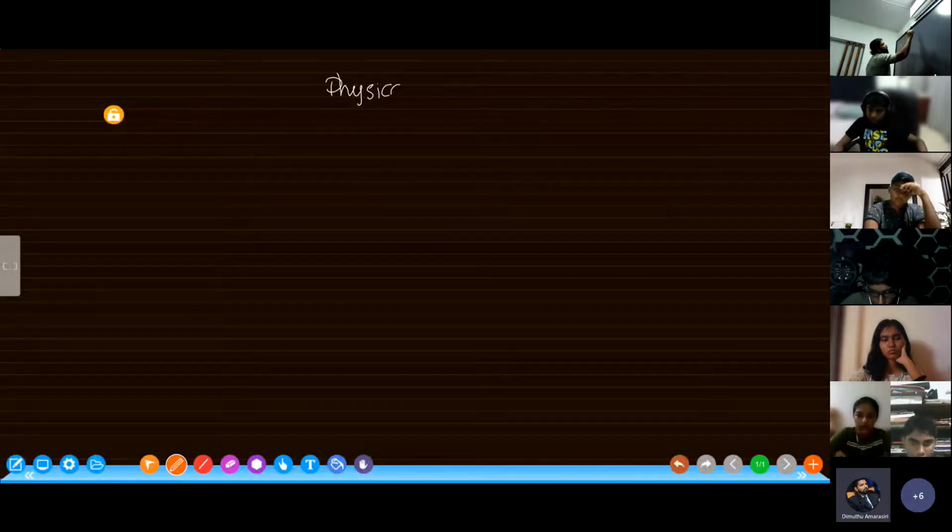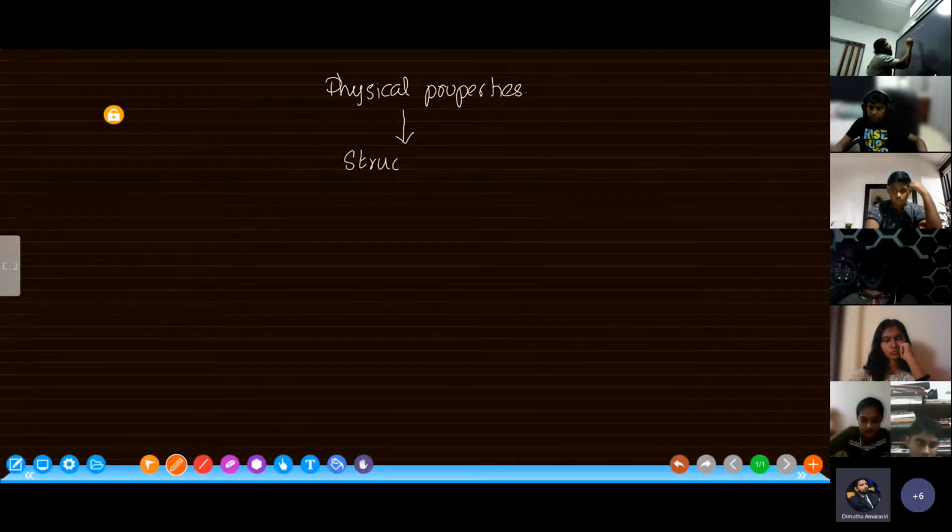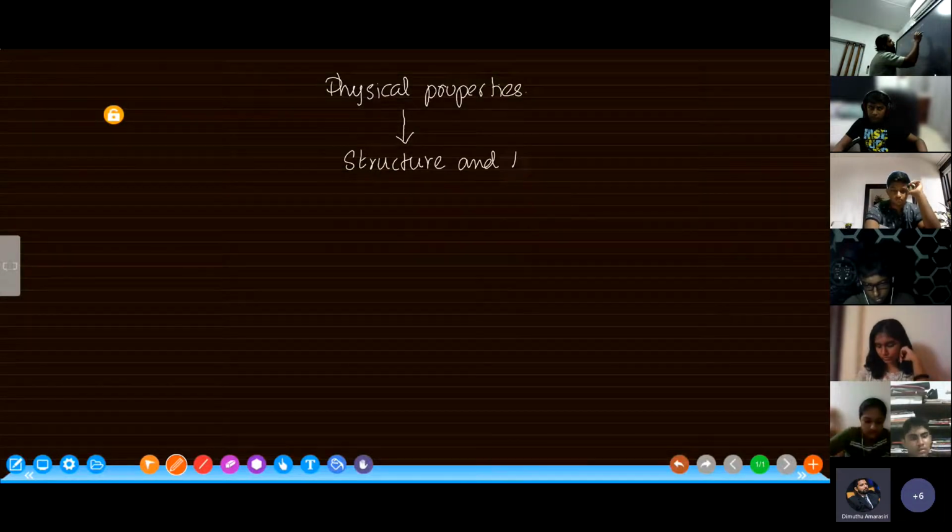Remember, when they ask physical properties of a substance, what you need to do is refer to structure and bonding. These are the mind maps that you need to have.